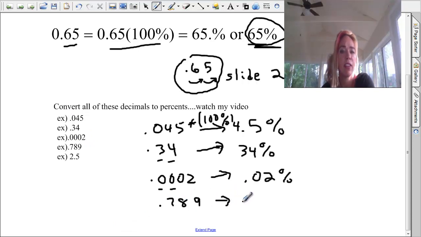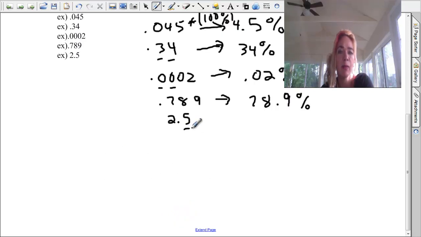Hopefully you're thinking that that is 78.9%. So nothing hard there, just practicing really mental math. We're doing these mentally. Don't get tricked on this last one. 2.5. If you slide that decimal 2 to the right, what percent are you going to have? Hopefully you're thinking 250%, right?